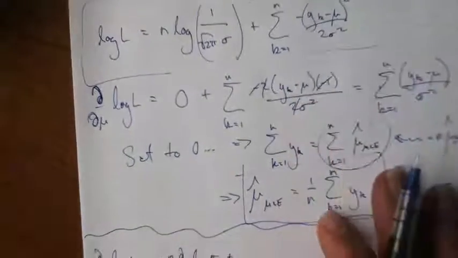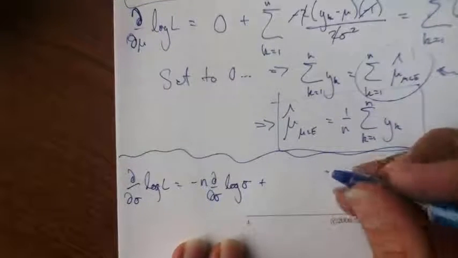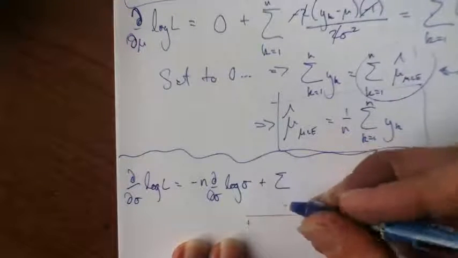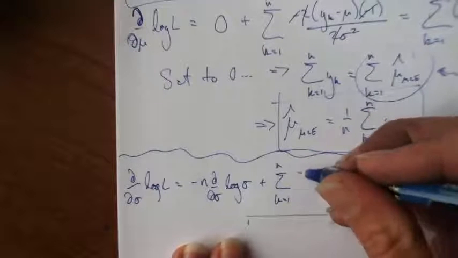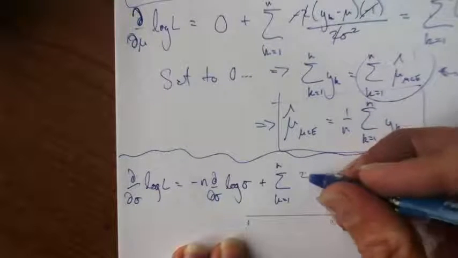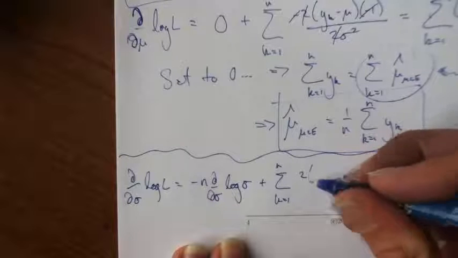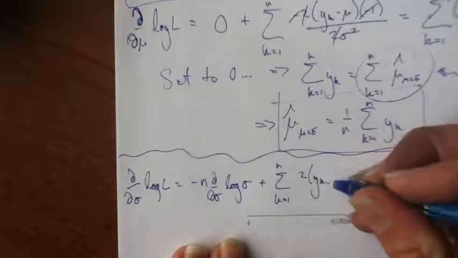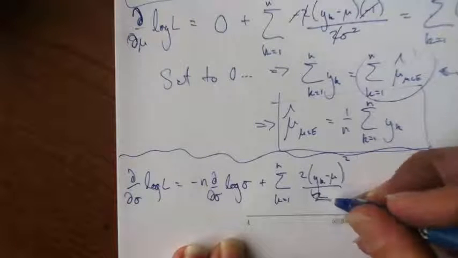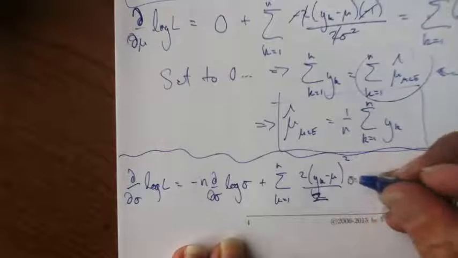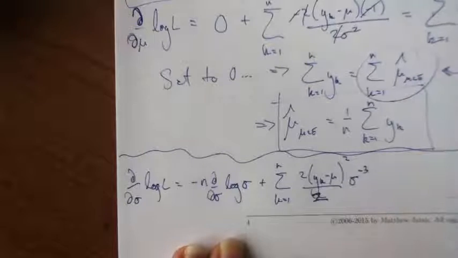The sum goes from 1 to n. We get a 2 times (yk minus mu) squared over 2, sigma to the negative third, right?